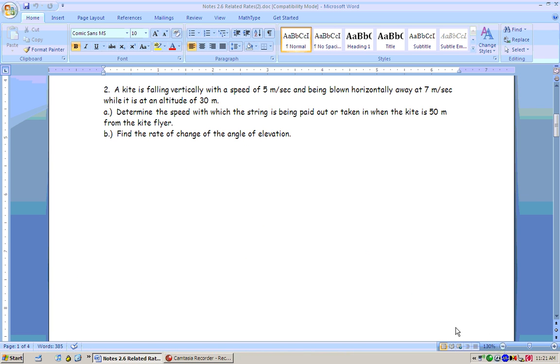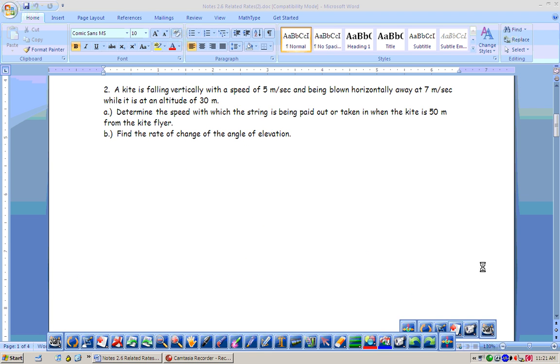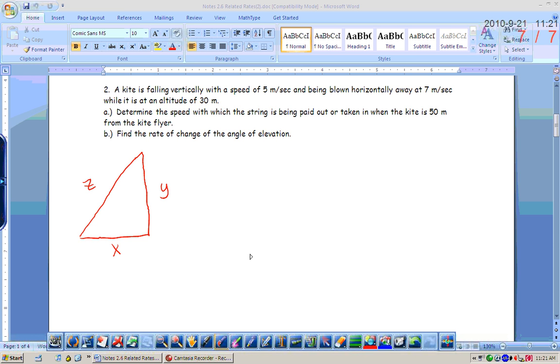Draw me a picture of the next kite and try and identify some variables. That just tells you its altitude at that instant.